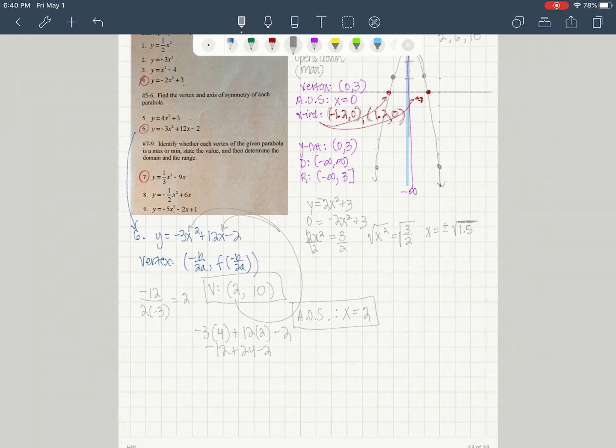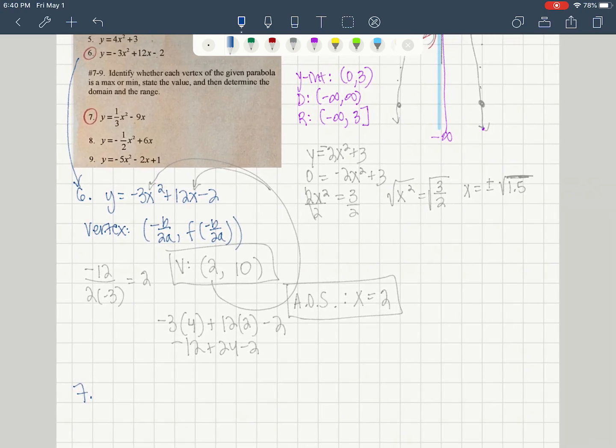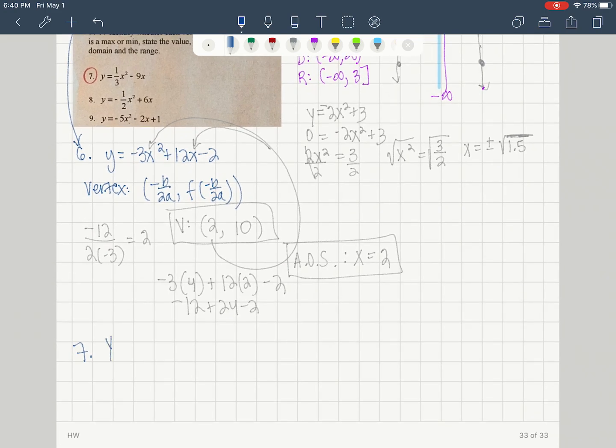Number 7, I'll finish up with number 7 here. Identify the vertex, if it's a maximum or minimum, what that value is, and then the domain and the range. So I've got y equals 1/3 x squared minus 9x.